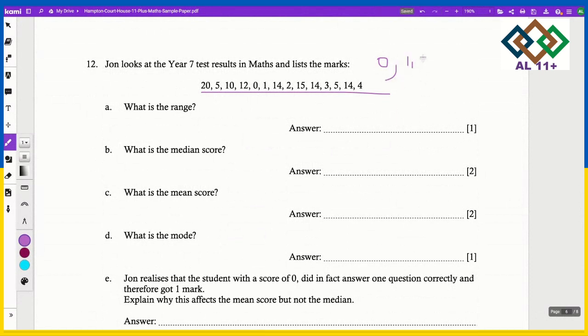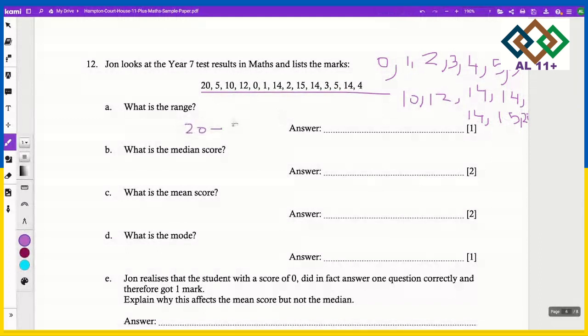So 1, 2, 3, 4. There are two fives. Then you have 10, 12, 14, 3 14s, 14, 15, and 20.